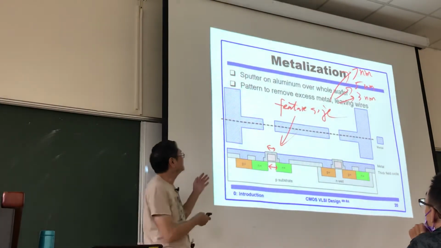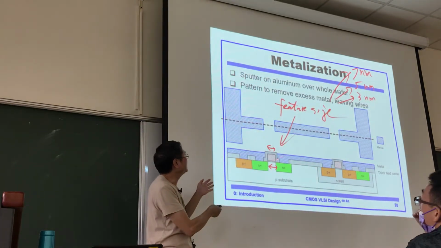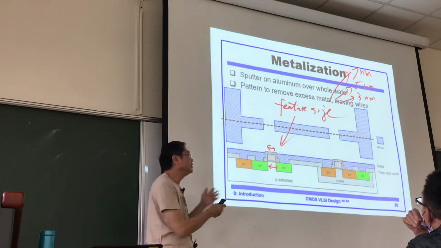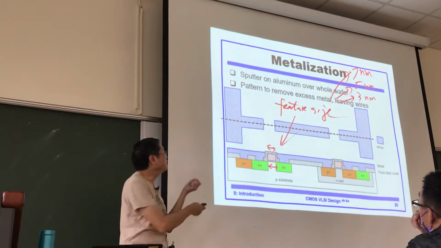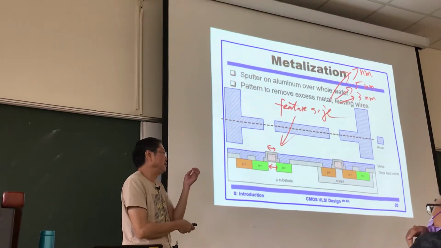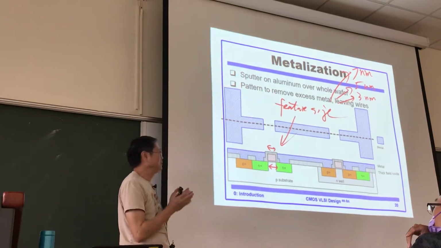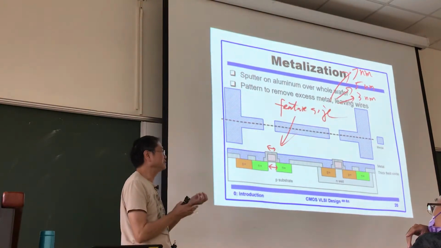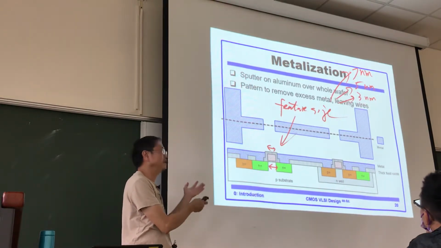You can make a small transistor with channel length 3 nanometer, but that doesn't mean you can make a good 2 nanometer channel length transistor. Because the equipment, the process is not so accurate. You are not going to get a working transistor using 2 nanometer in the 3 nanometer technology process.